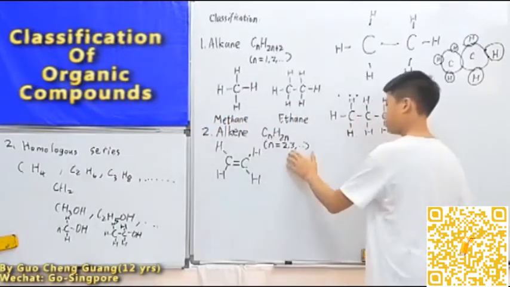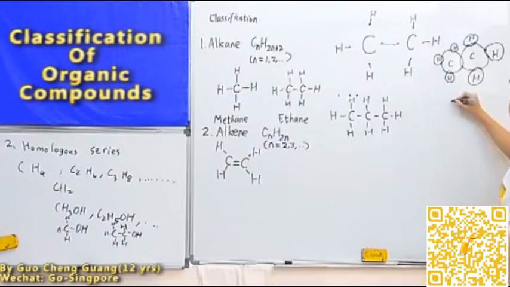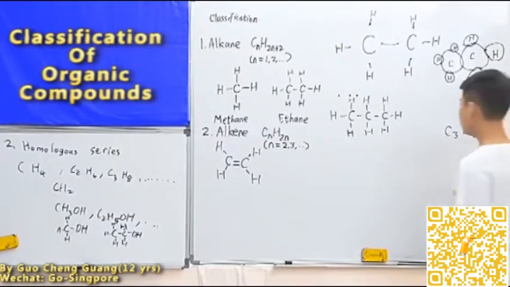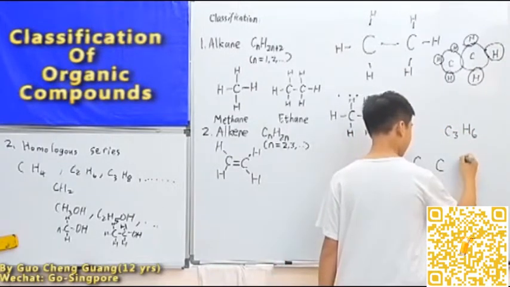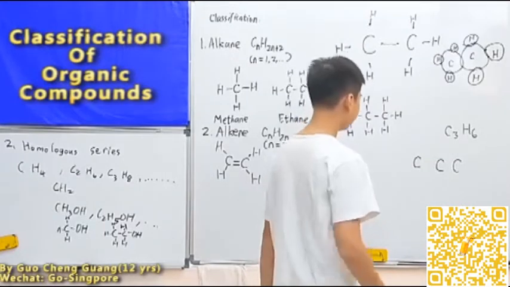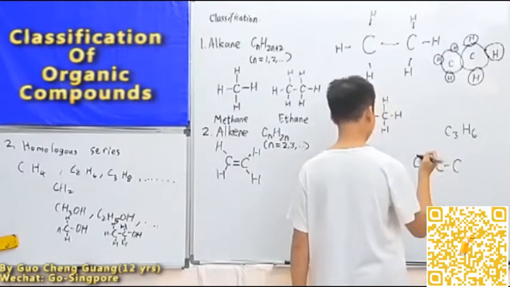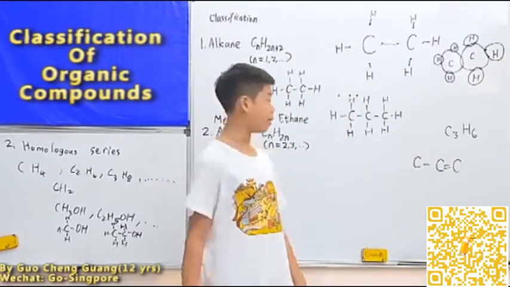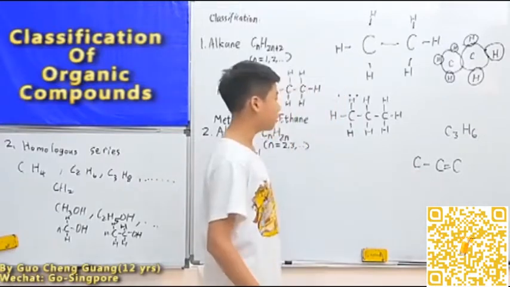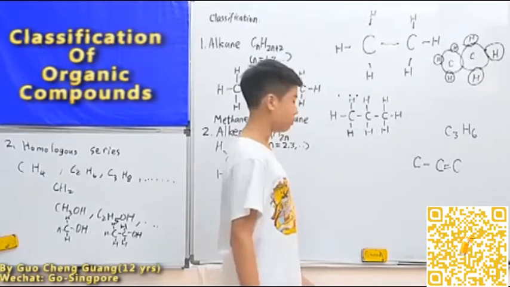What if we draw C3H6? In this part, we have 3 carbons. So what if we try to give one of them a single bond and the other a double bond? Let's try that over here. Let's see whether we can get 6 hydrogens.